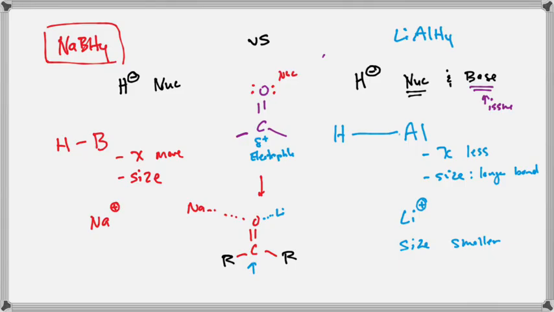Four. There's four hydrides there, which means if I drop sodium borohydride into solution, it has four active hydride nucleophiles. It can target four separate carbonyls. Okay, but what if I only want one? Just put one hydrogen.